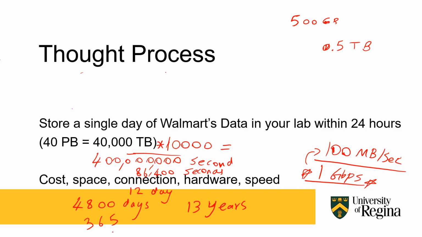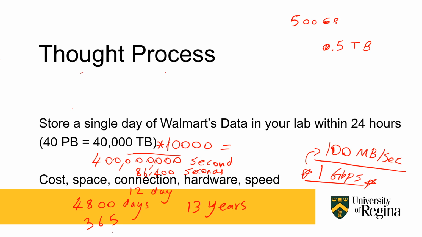How many places do we have? We've got Best Buy, we've got some places around. Sometimes they have 1 or 2 hard drives, or you may order them online. Anyways, I don't think Amazon has 4,000 hard drives of 10 terabytes on stock right now.